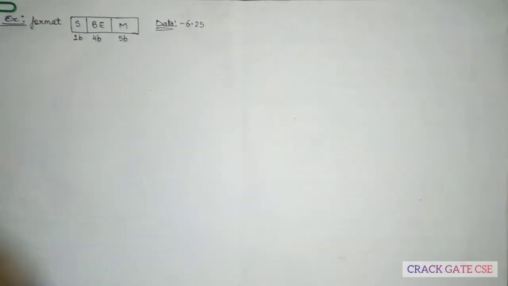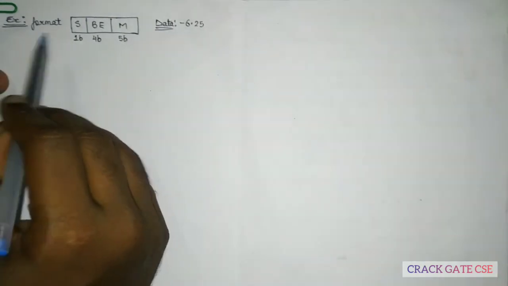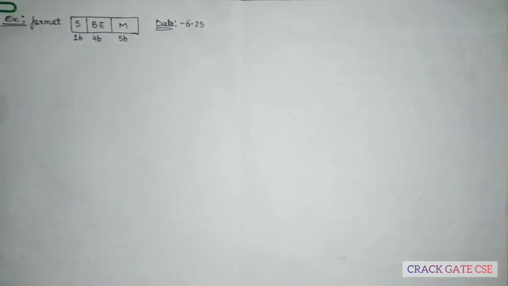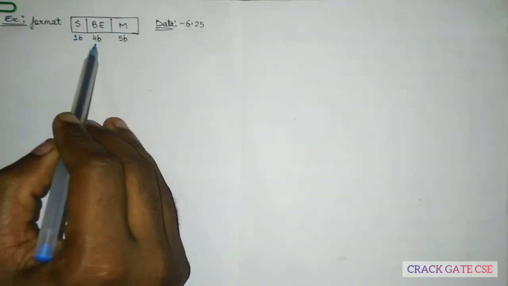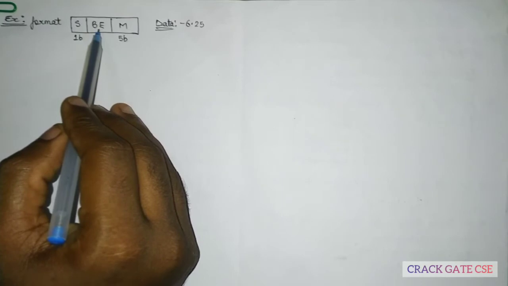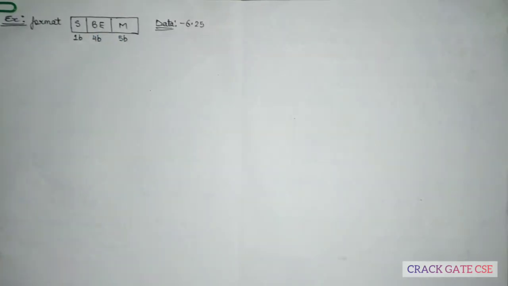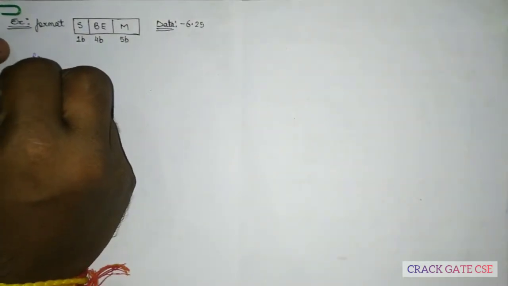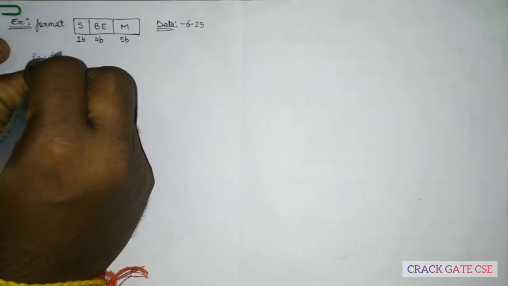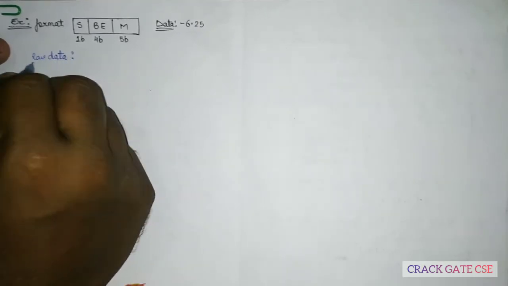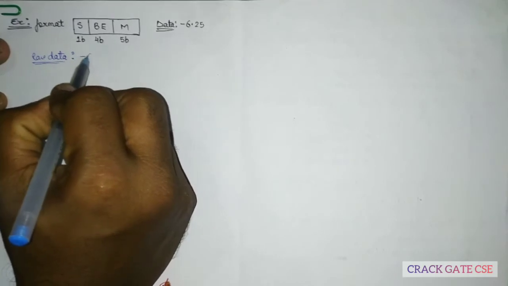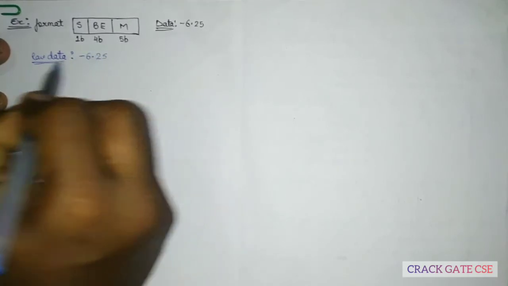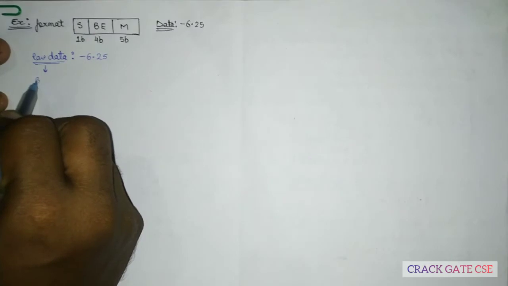So let's start with this example first. In this example, a hypothetical format is given for the floating point data format in which 1 bit is for sign, 4 bits are for biased exponent and 5 bits are for mantissa, and the data is given as minus 6.25. First of all, we have to take our raw data, which is 6.25, and convert it into the binary format.